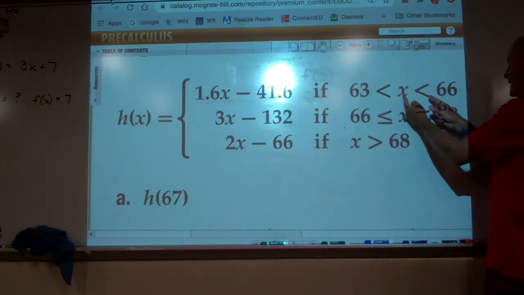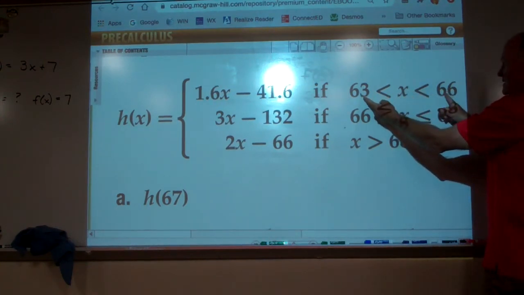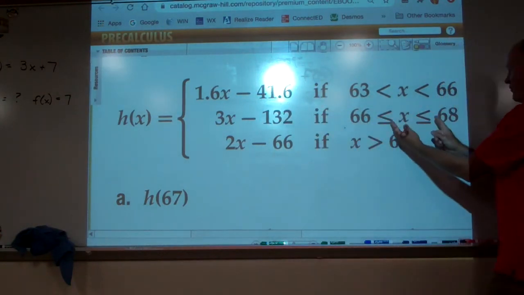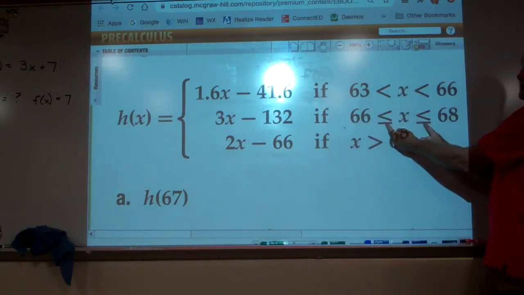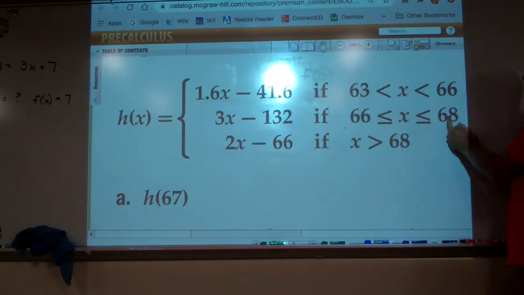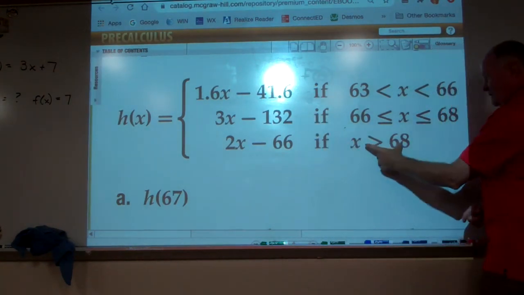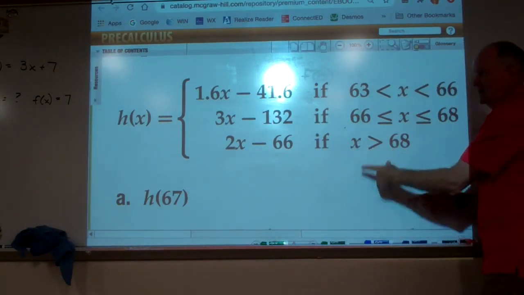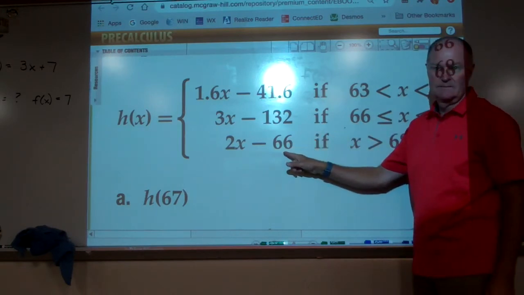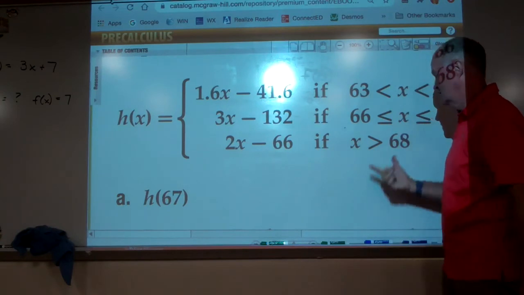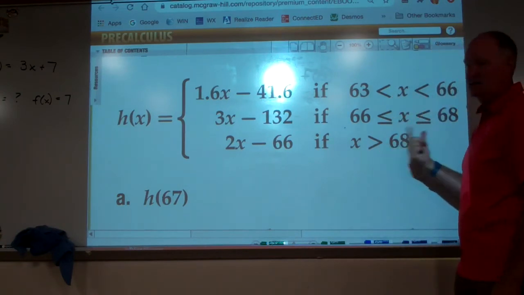If you have an x that's between 63 and 66, that's what you use. If you have one that is bigger or equal to 66 and less than or equal to 68, you use that. If you have a number that's bigger than 68, you're going to use that. That's all there is to it. Okay? All that craziness, just look here and see what you got.